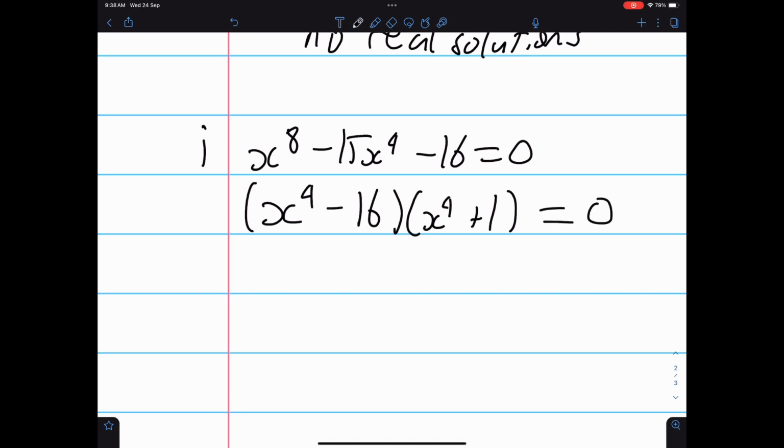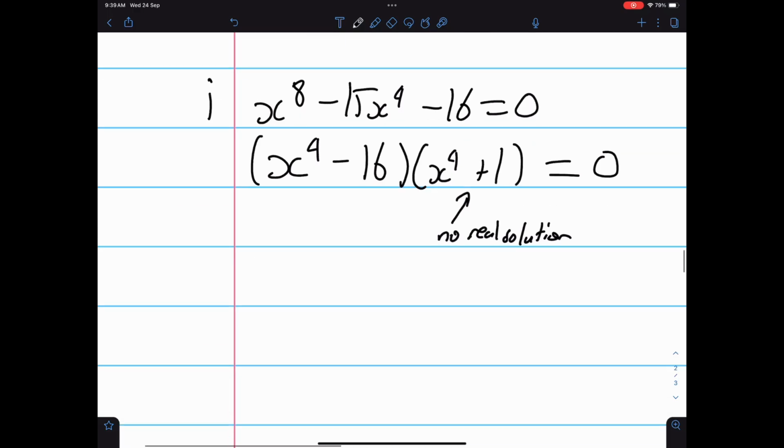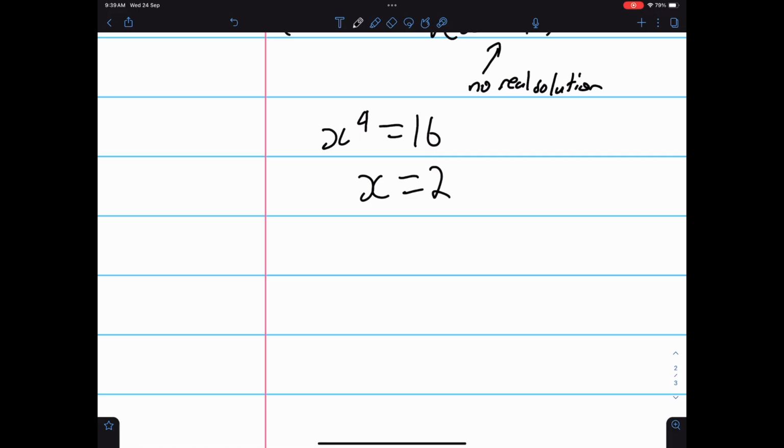So clearly this one's going to be no real solutions. For an odd power, you can have negative numbers, but for an even power, you can only have positive numbers in real numbers. So x equals 2 or x equals minus 2.